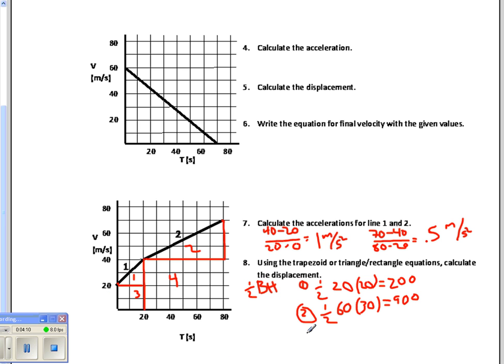Okay, my third area is that square. A square is just going to be base times height, not 1/2. So we have a base of 20 and a height of 20, so my square will just be 20 times 20, for 400.